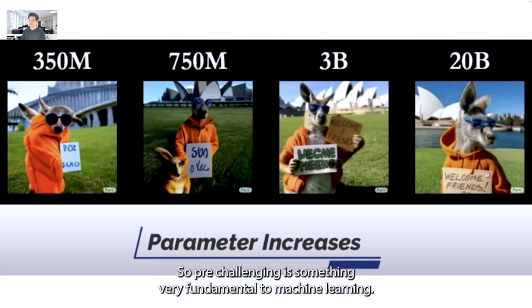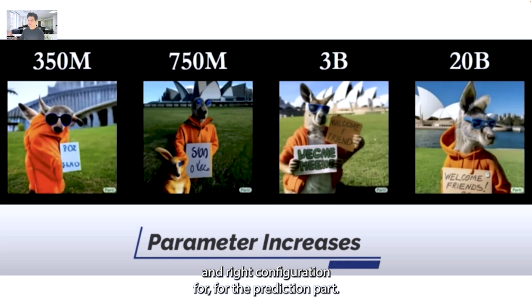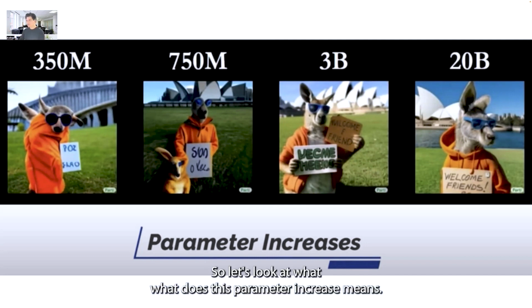So feature engineering is something very fundamental to machine learning or AI, which helps us to do the right prediction and right configuration for the AI prediction part. So let's look at what this parameter increase means.